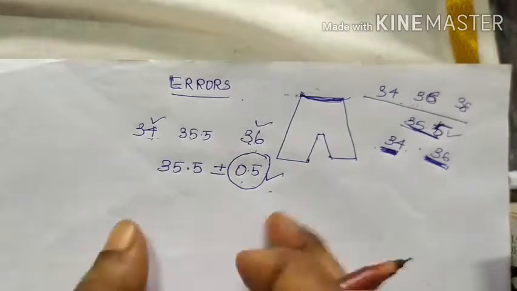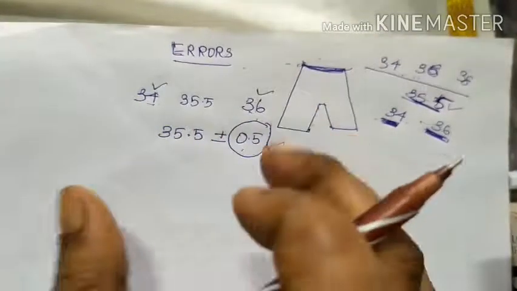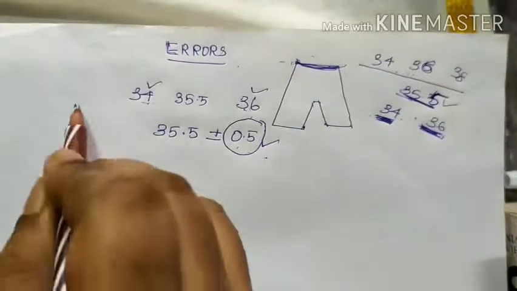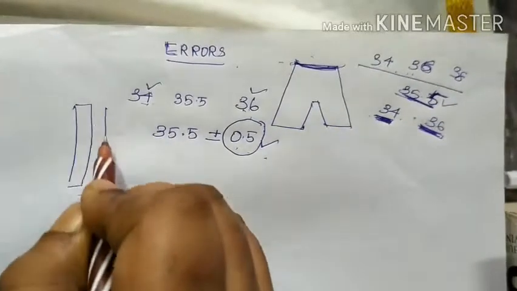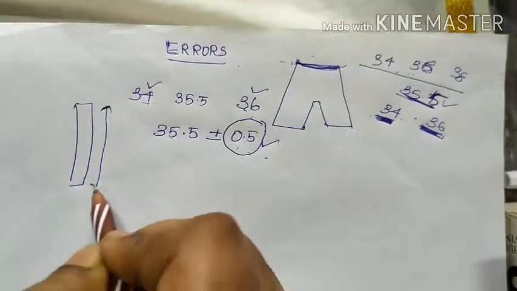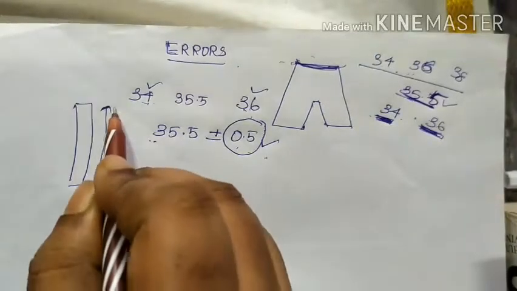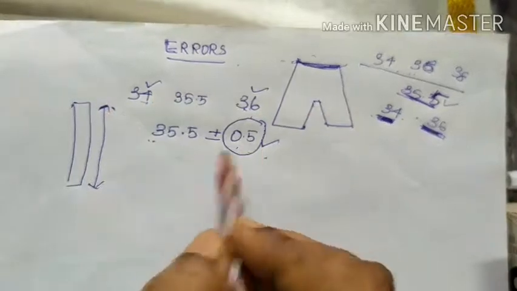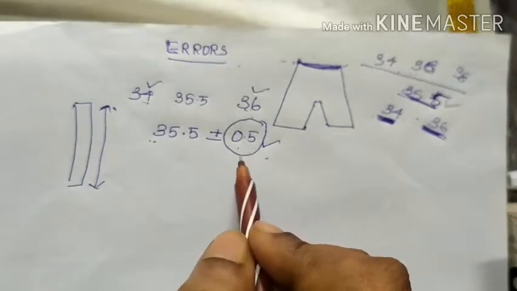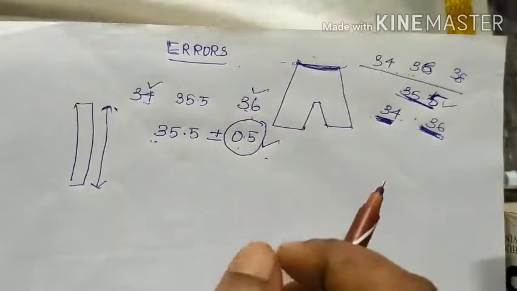So for any measurement or any values, suppose this is the length of a cloth, when I am taking this measurement, I'm not able to take the precise actual measurement. There will be some reasons, which will be listed out later on, guys.